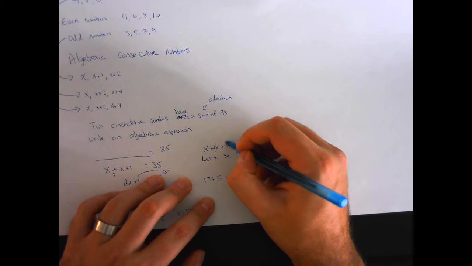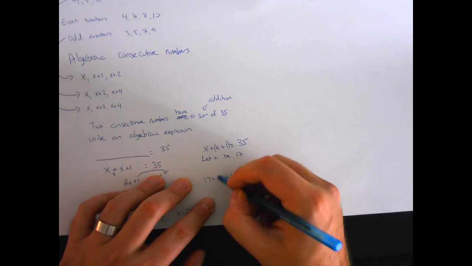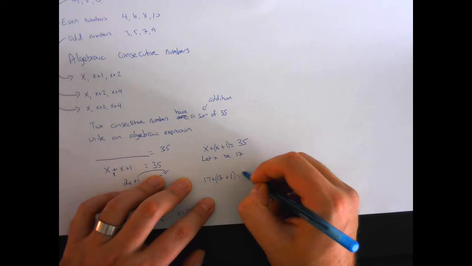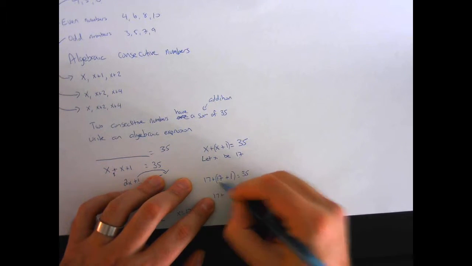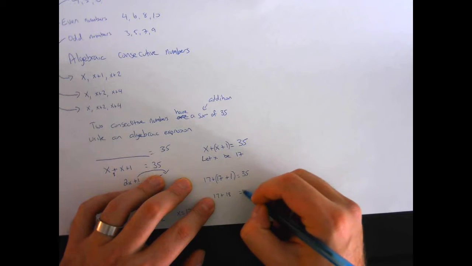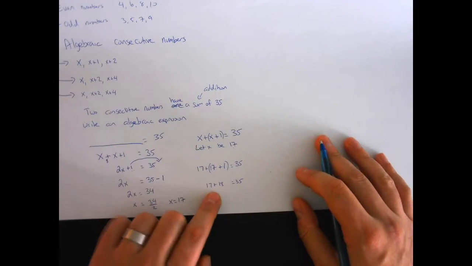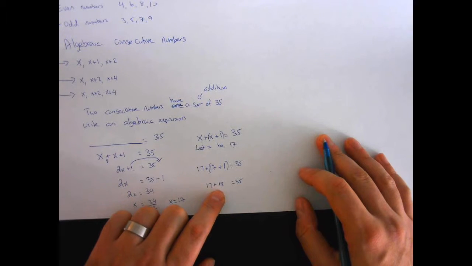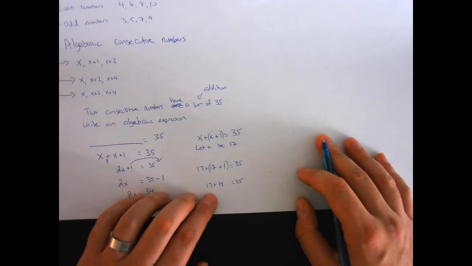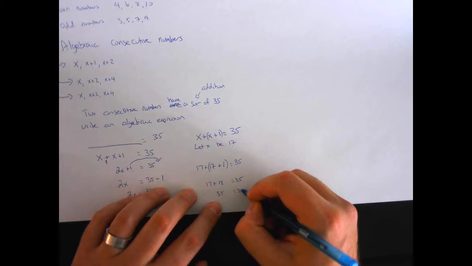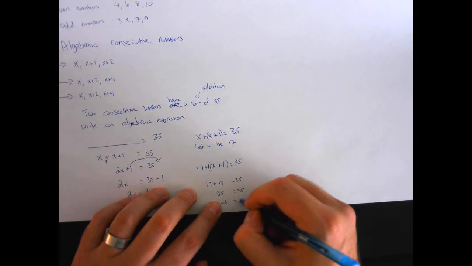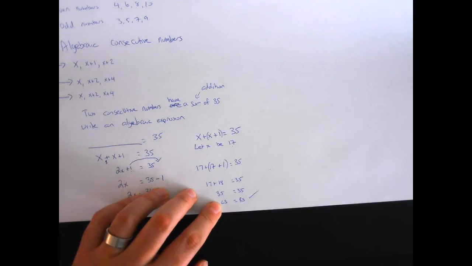Now this x plus 1 was together, so I'm just going to put it in brackets. Just makes it easier for me. 17 plus 18 equals 35. 17 and 18 are consecutive numbers. This is good news because 17 plus 18 is 35. 35 equals 35. Left side equals right side, and we are correct.